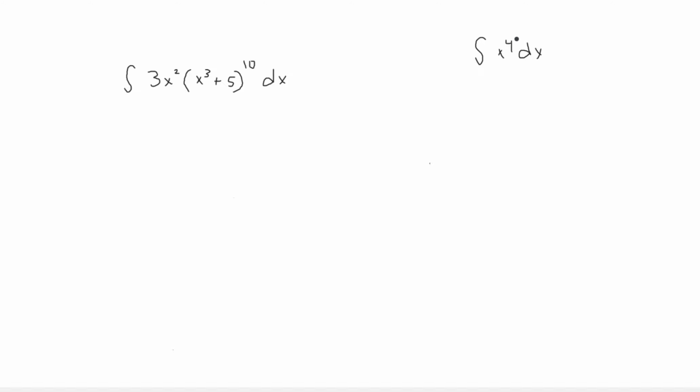Instead of subtracting the power, you increase it by 1, so you have x to the fifth. And then instead of multiplying by the power, after you add to the power, you're dividing by it. Right. And then that would be plus c because you can't forget the constant.